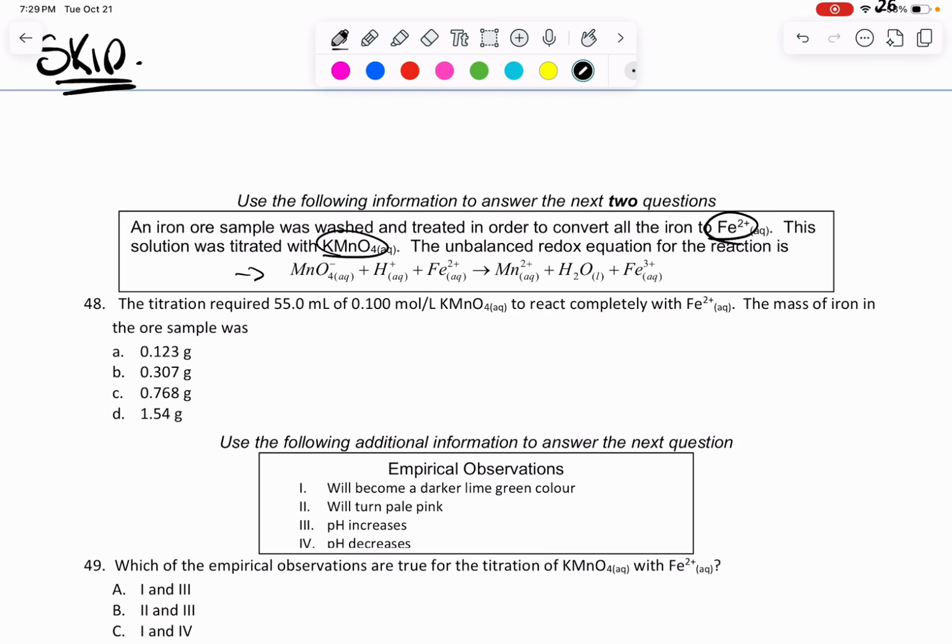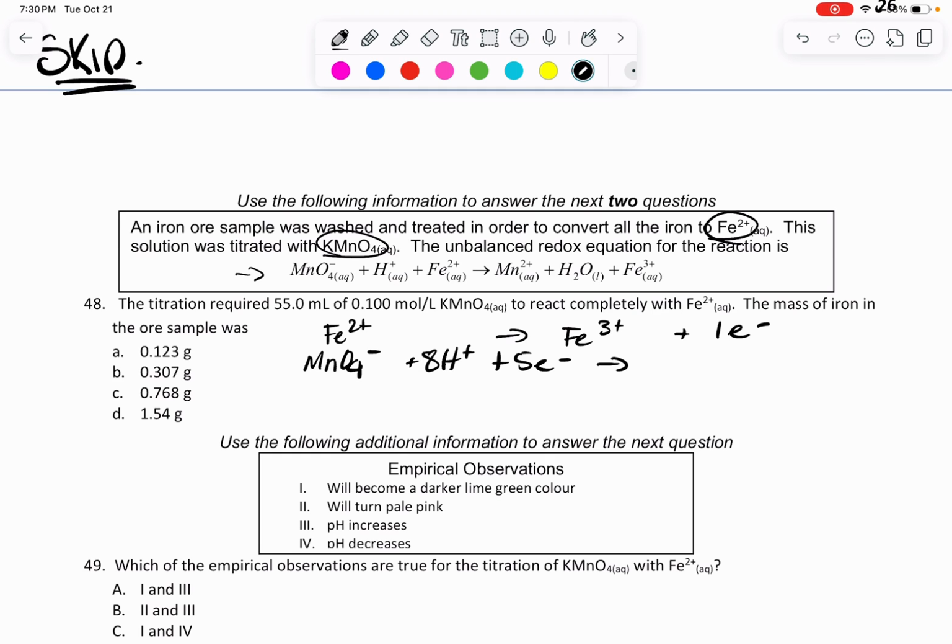So we know that we have iron 2, Fe2 plus, is converted into Fe3 plus. It has to lose an electron. We know our standard MnO4 minus plus 8H plus 5 electrons.